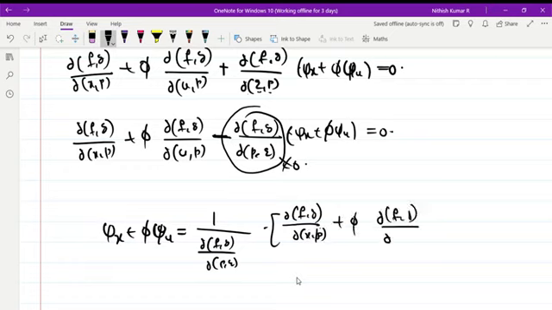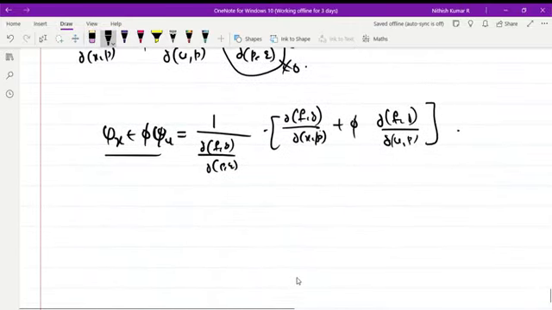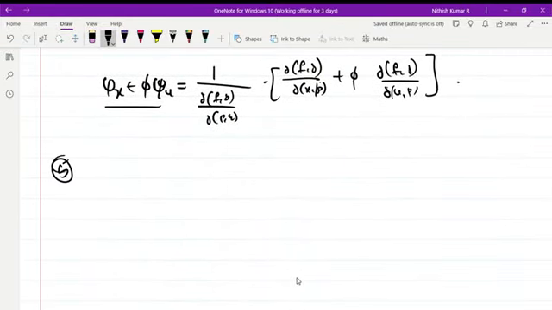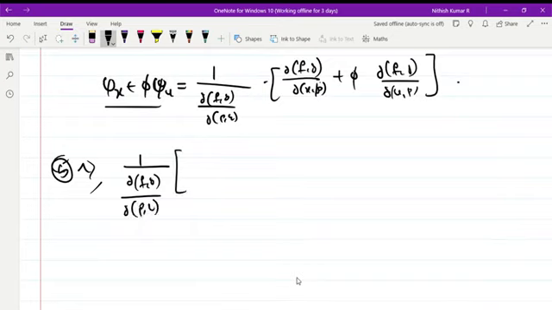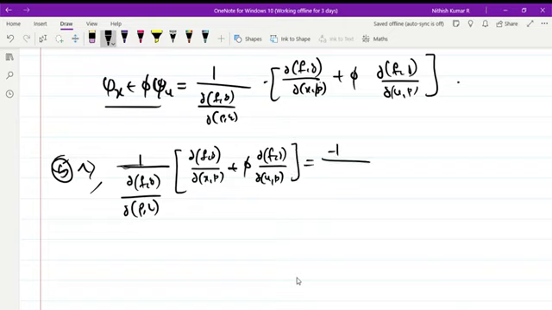Since this is not equal to 0, we get ξx plus φ into ξu is equal to 1 by ∂(f,g)/∂(p,q) into ∂(f,g)/∂(x,p) plus φ into ∂(f,g)/∂(u,p).